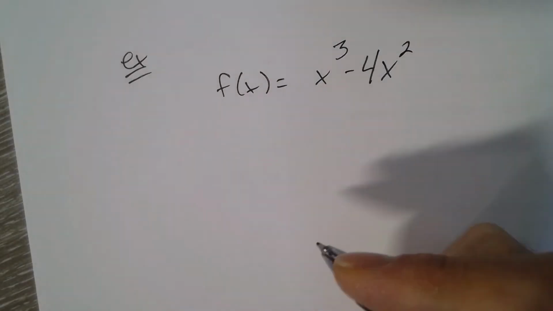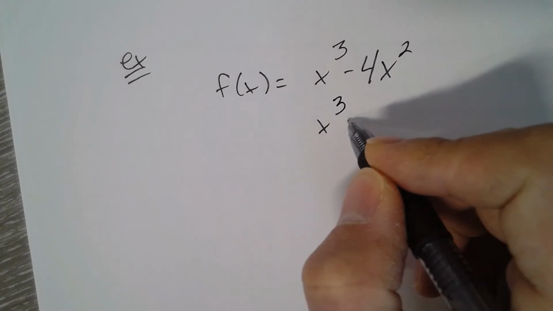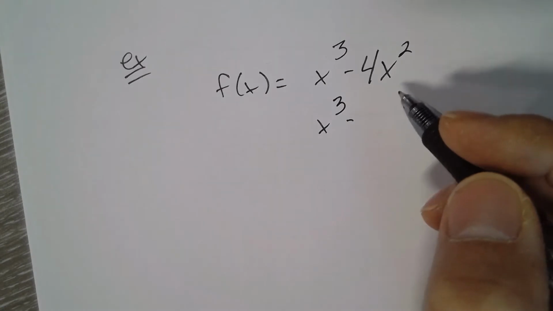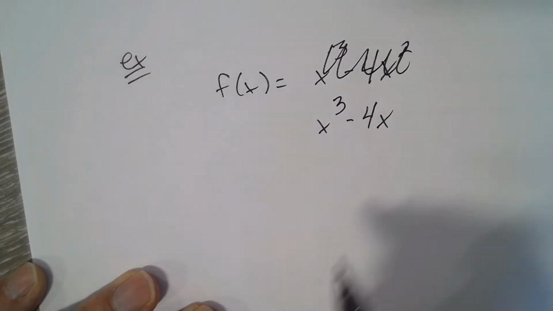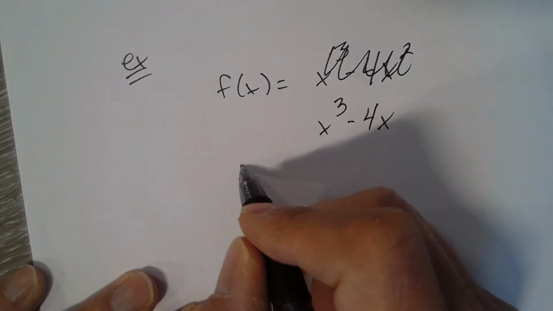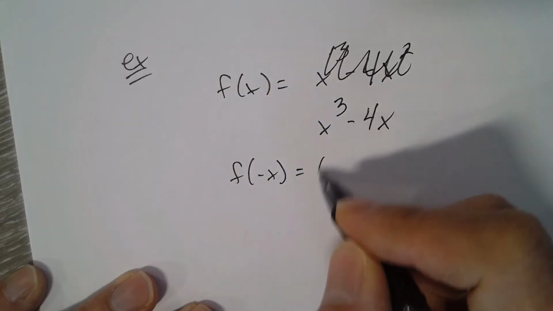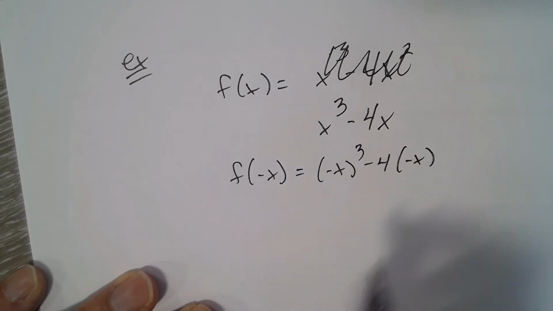No, that's not going to work. How about x cubed minus, yeah, that might work, minus 4x. Sorry, thinking on the fly. Okay, so there's my function, x cubed minus 4x. So we're going to see what f of negative x is. We're going to plug in negative x, minus 4 times negative x, and see what we get.